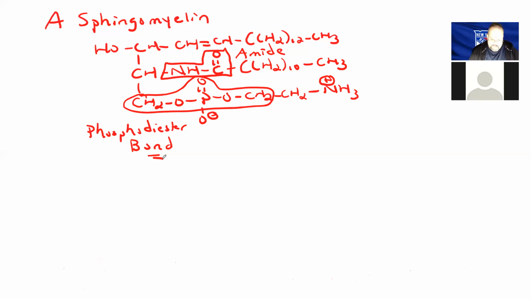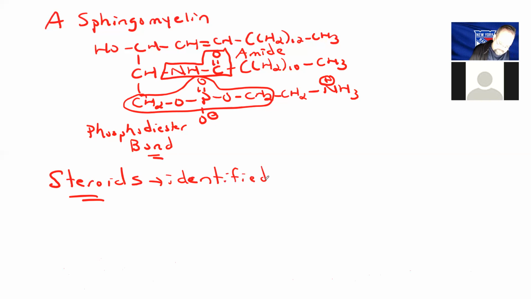All right. Last thing about lipids we'll talk about, and then we'll switch gears to amino acids, are your steroids. So steroids are essentially the one type of lipid that are not quote unquote esters. They are identified by having the steroid nucleus.